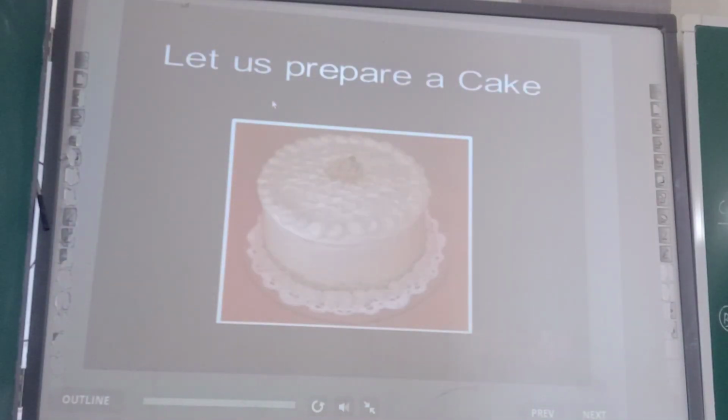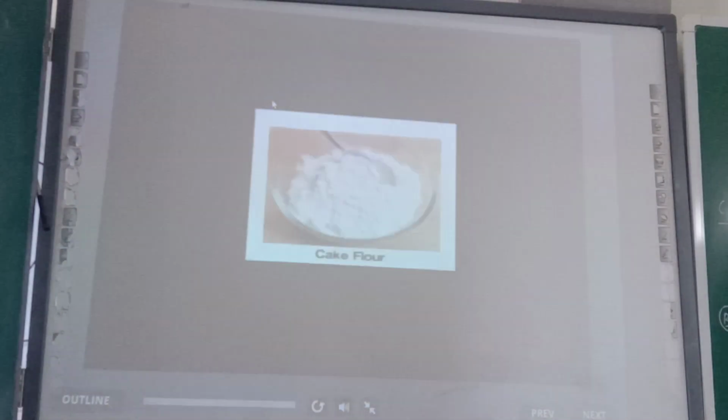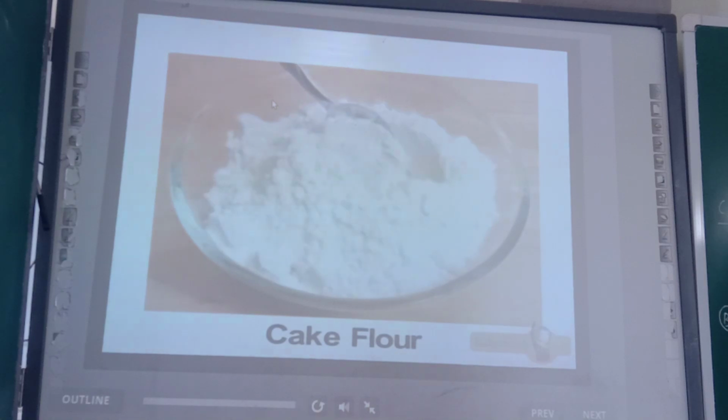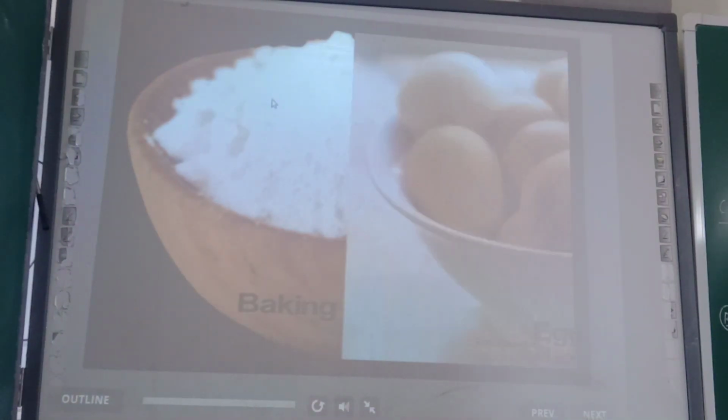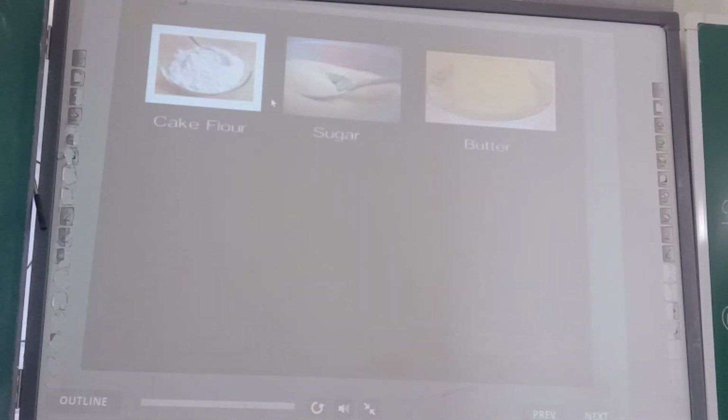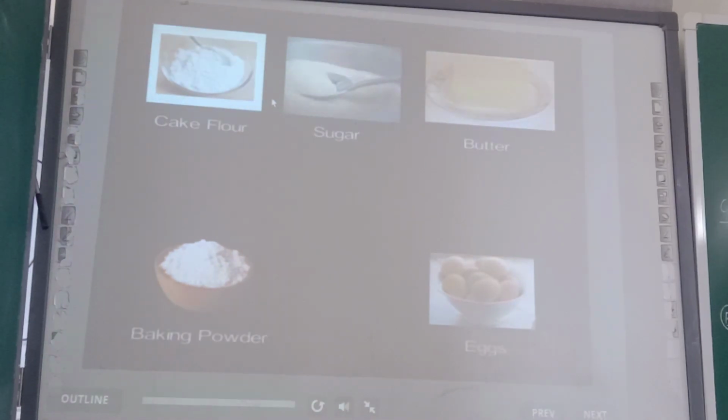Let us prepare a cake. In order to prepare a cake, we need cake flour, sugar, butter, baking powder, and eggs. When we mix these ingredients in the desired proportion and bake them in an oven, a chemical reaction occurs and the cake is prepared.